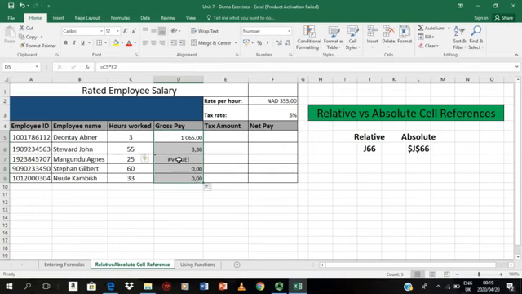Okay, I've got an error here which says #VALUE. Even better that I got an error, because then this is incorrect. I needed to use exactly the same value here. Oh, great. So how do we solve this?